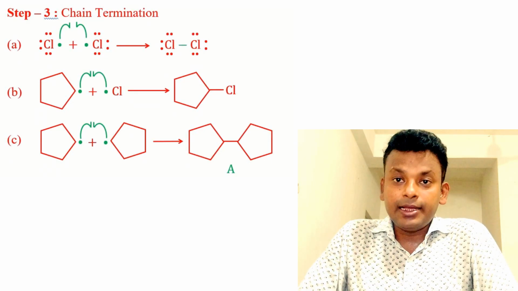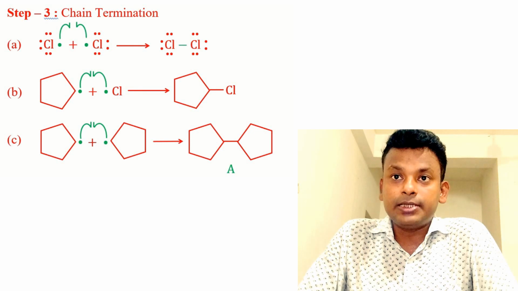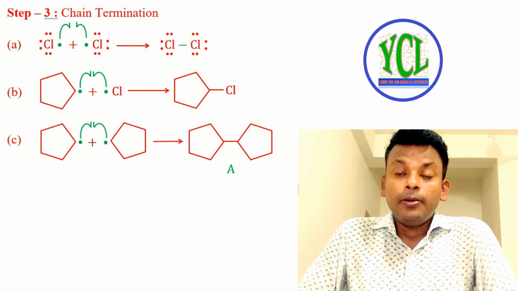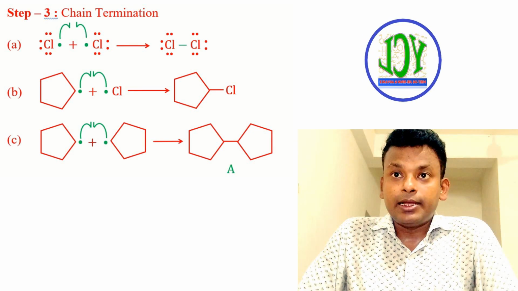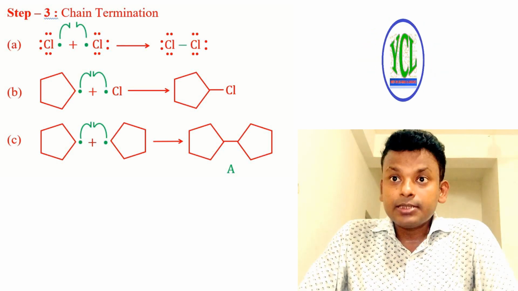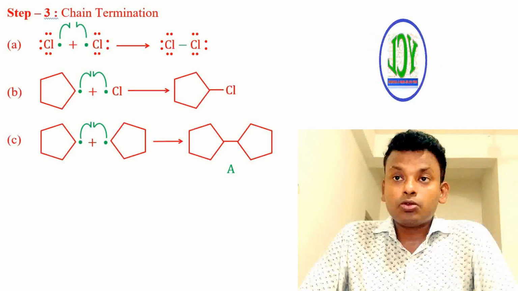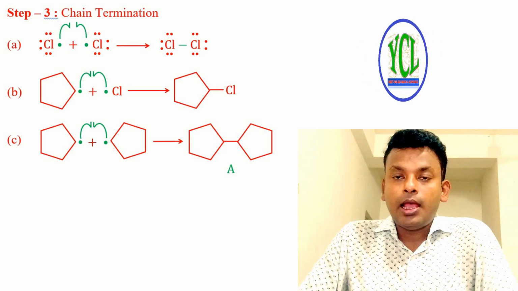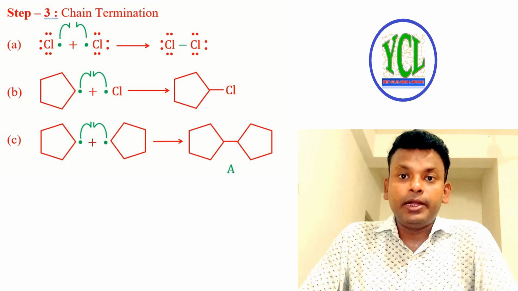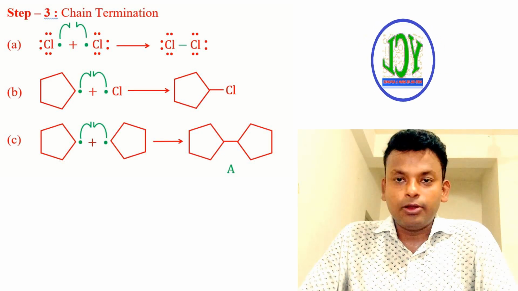Step 3, chain termination. Here Cl radicals form Cl2, and cyclopentyl radical plus Cl radical forms chlorocyclopentane, and two cyclopentyl radicals form a bicyclo compound.